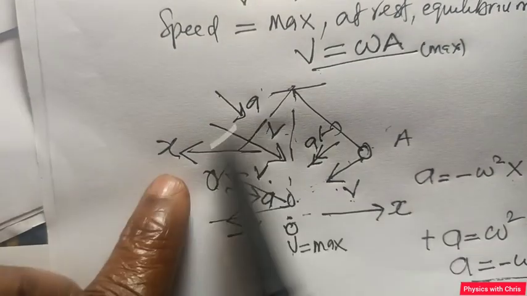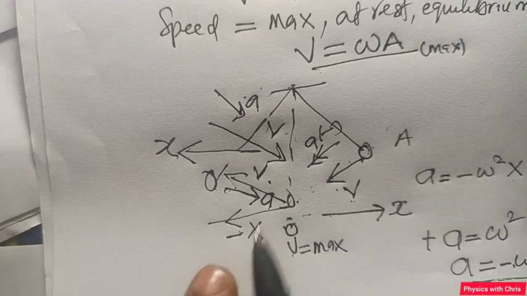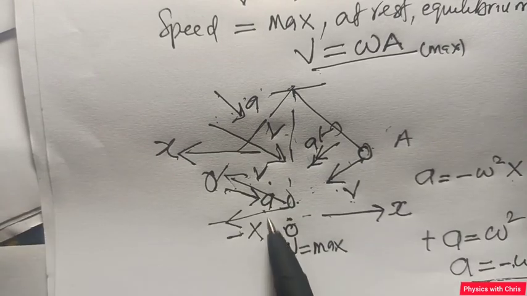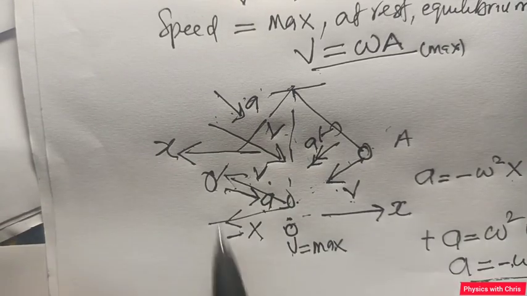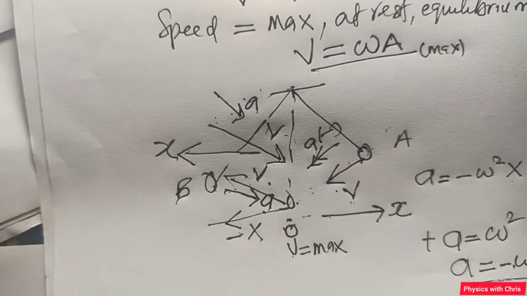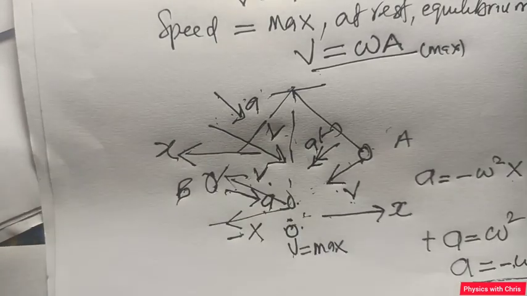So since A and x are in opposite directions, it still satisfies this equation. But now motion and acceleration have the same direction. It means the ball speeds up again. The speed increases as it goes from point B, the other extreme position on the left-hand side, to point O. It moves towards point O with increasing velocity.